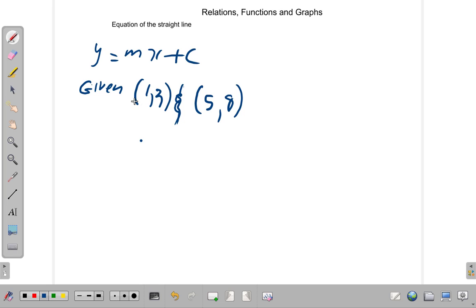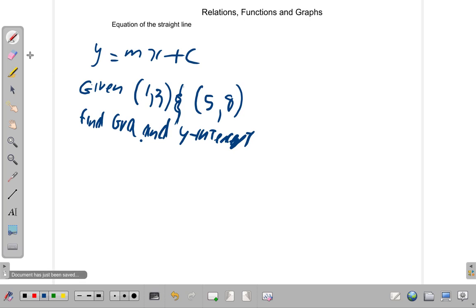Given these as points on the line, find the gradient and y-intercept. So these are two points on the line. I want to find the gradient and the y-intercept.